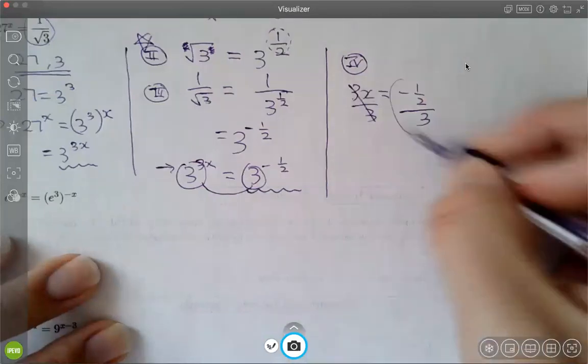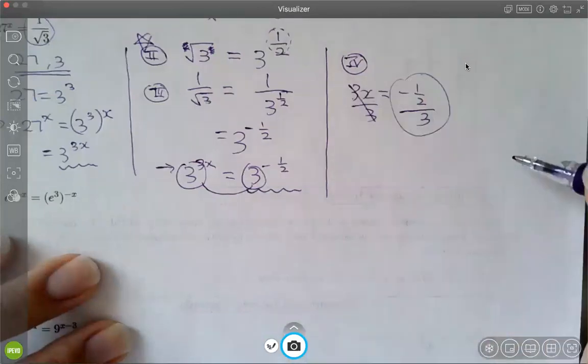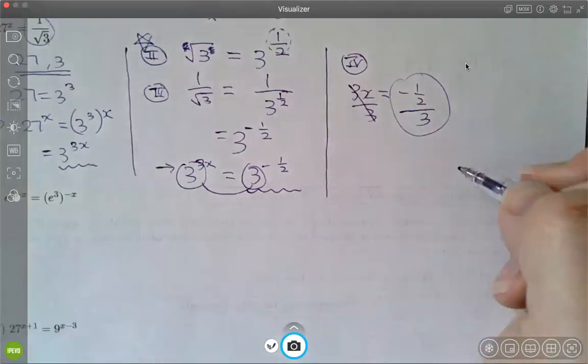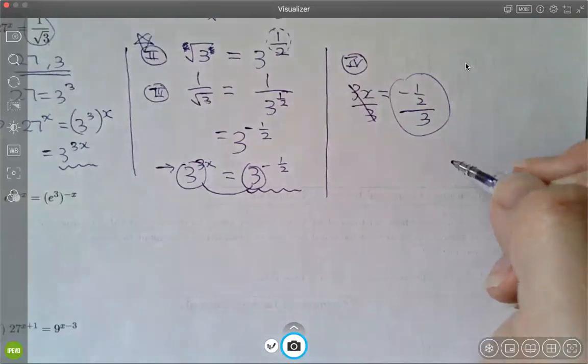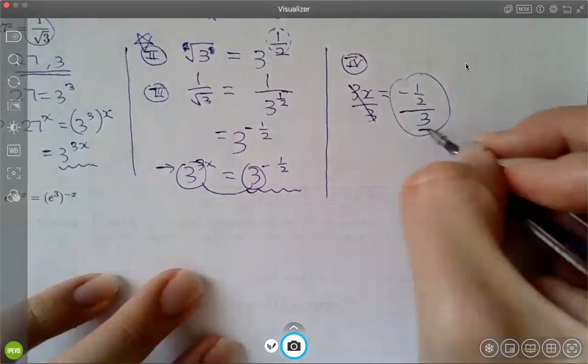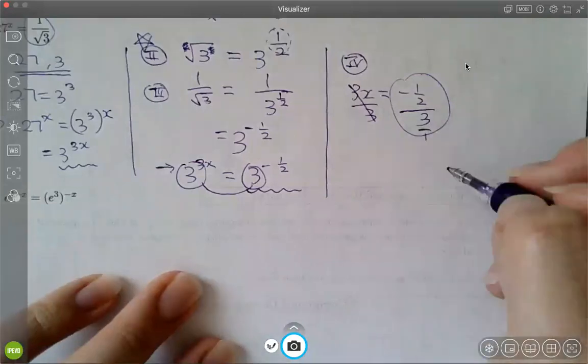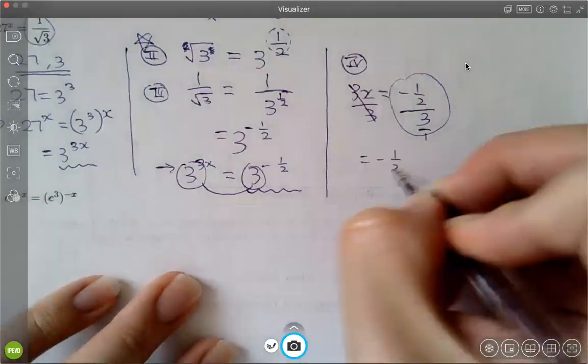And what is this fraction equal to? Negative 1/6. Yes, do you see why? Okay, 3 over 1, and then you flip the bottom, right? Okay, so this is negative 1/2 times 1/3, so it's negative 1/6.